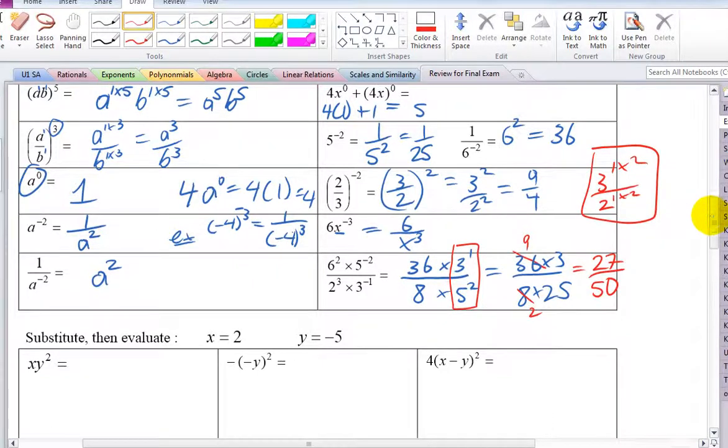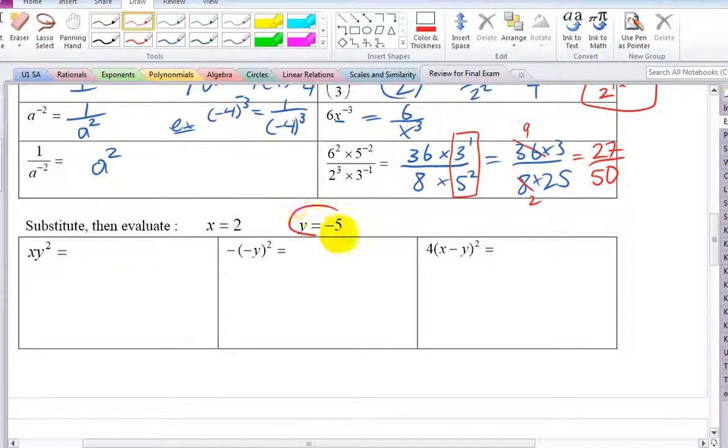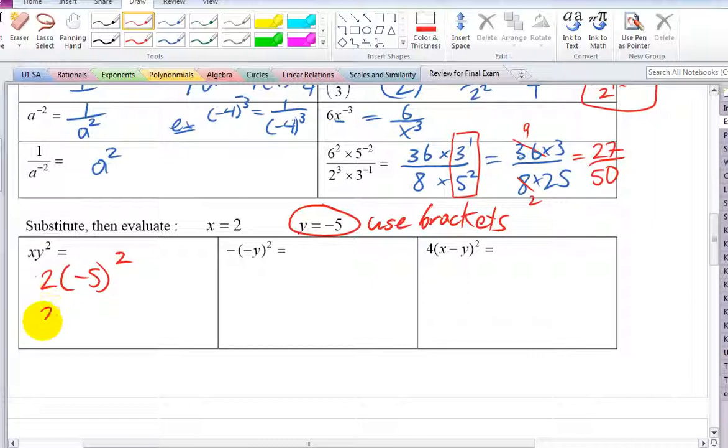Okay. Next, for your substitution, be careful. Use brackets. Okay, you want your exponents to look right and your bases to be correct, so use brackets when you substitute in. So this will become 2 times negative 5 in brackets squared. Okay, that'd be a lot different answer if I had no brackets.